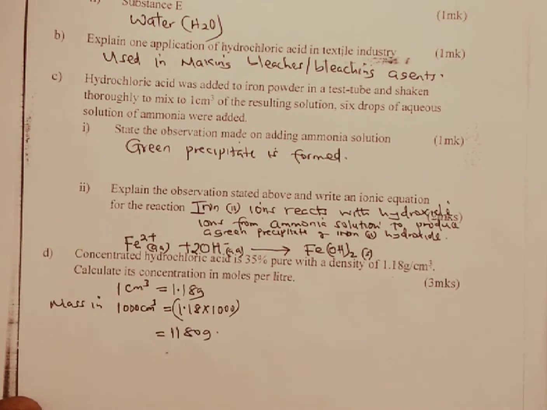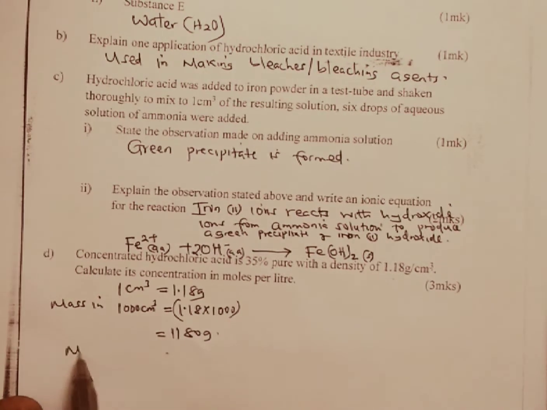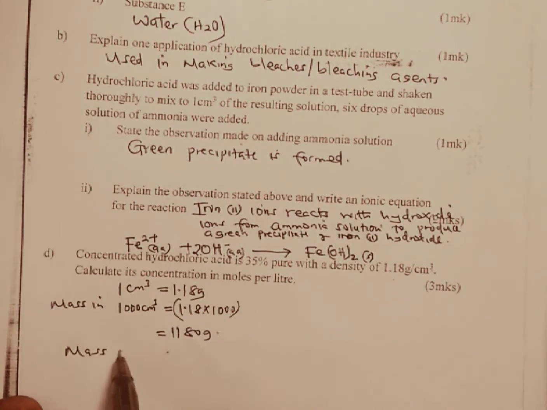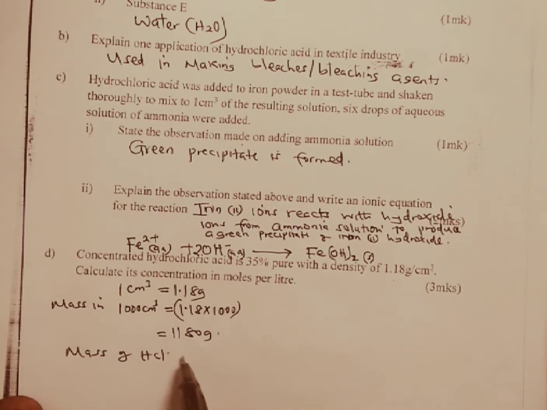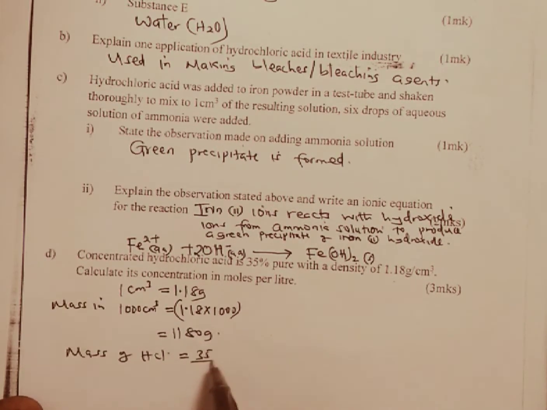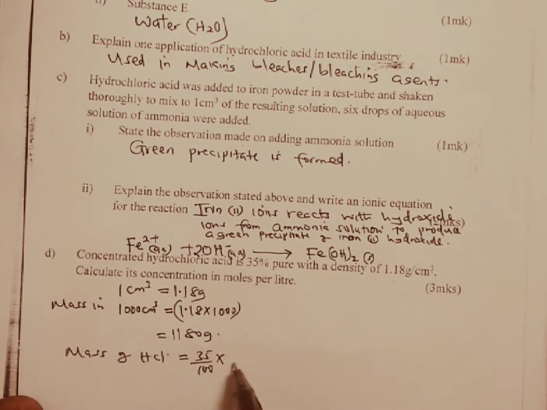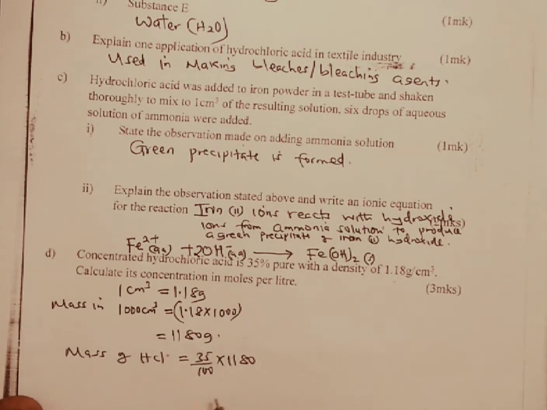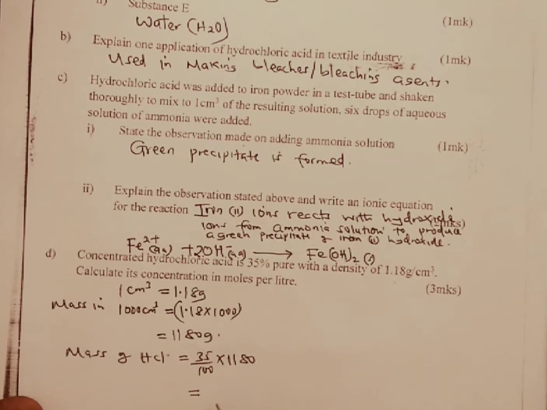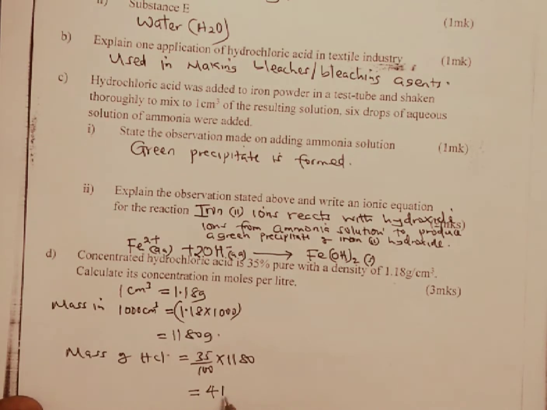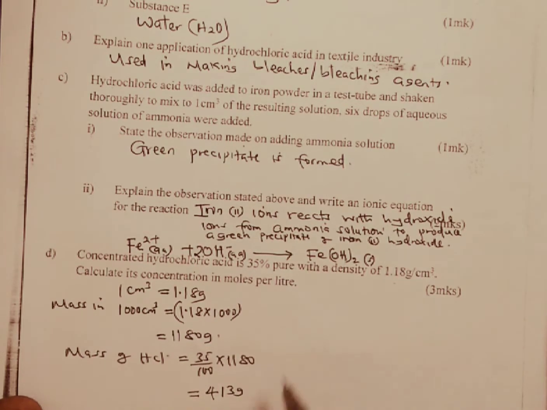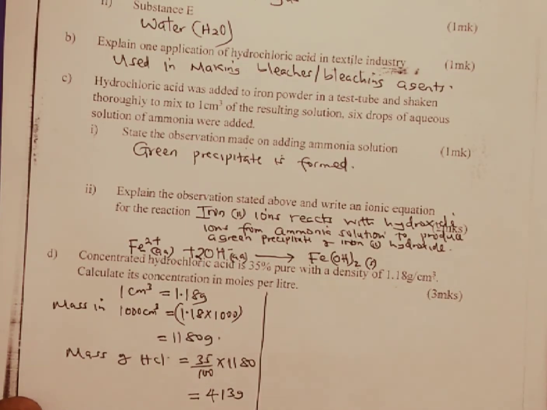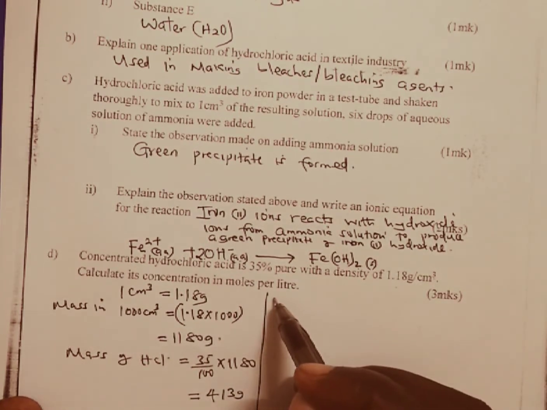From here, we can calculate the mass of HCl. Mass of HCl would be equal to 35% of the total mass, which is 1180. This is going to give us a mass equal to 413 grams.